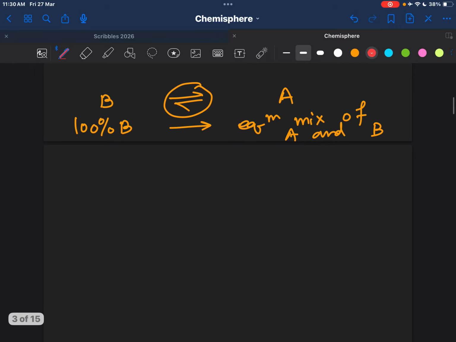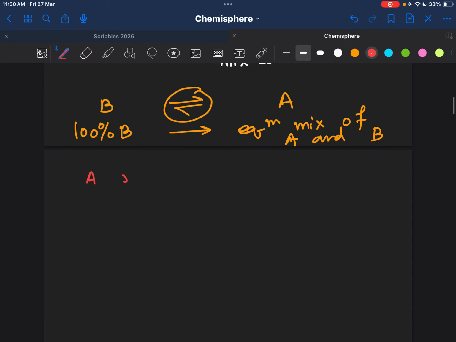We know that a reaction is spontaneous if delta G is negative, right? So in a reversible reaction, forward as well as backward reaction happens. So what does that mean?